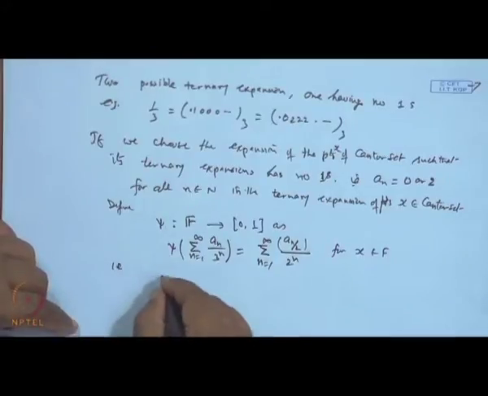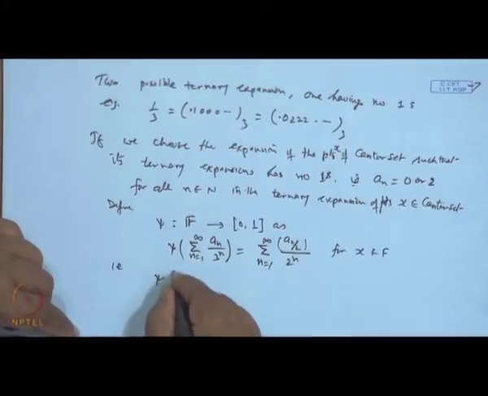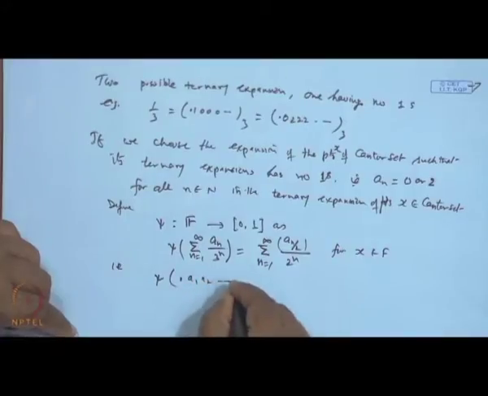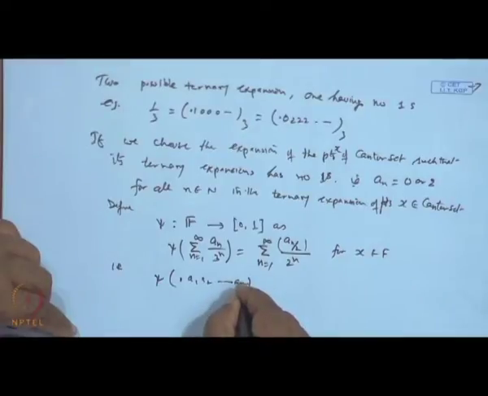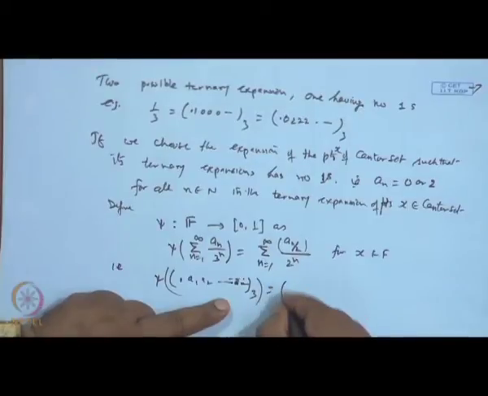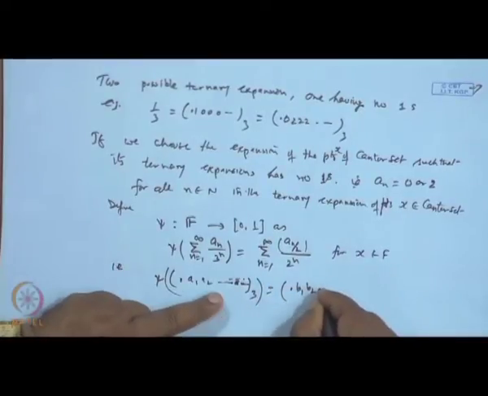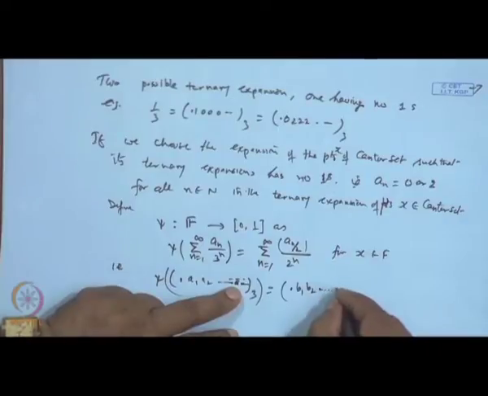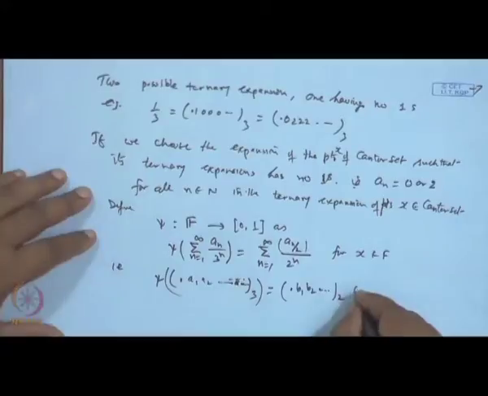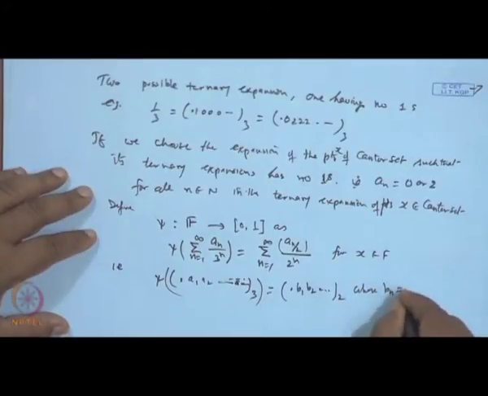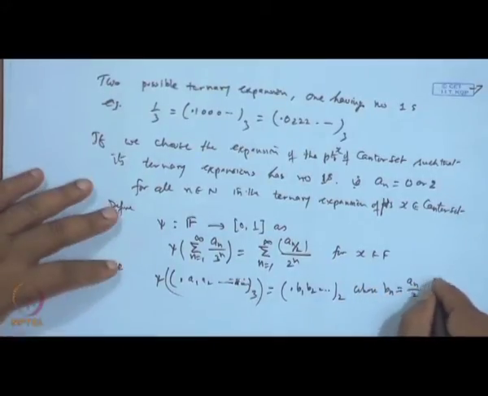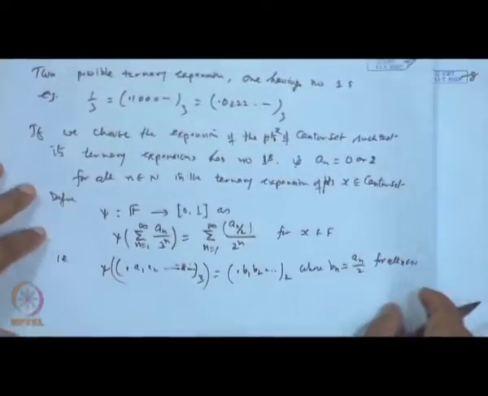That is, the image of a_1, a_2, a_n and so on in ternary expansion is the same point in binary expansion b_1, b_2, b_n and so on, where b_n is a_n by 2 for all n belonging to N.